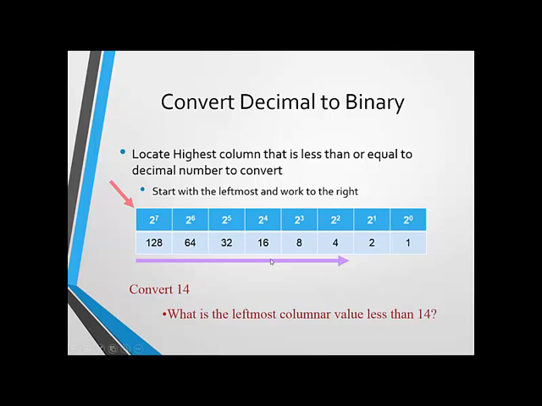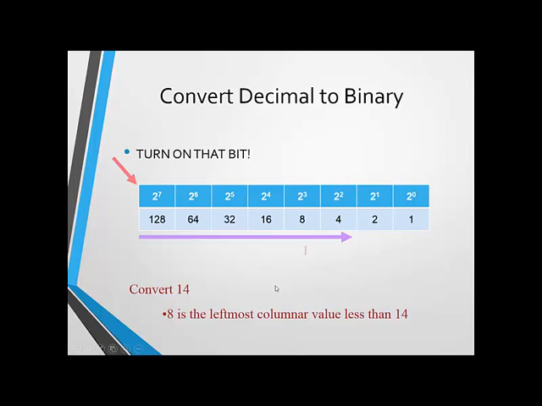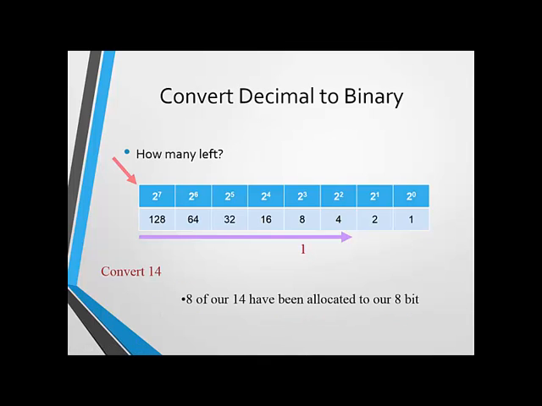Okay, how about 14? Let's start with our leftmost columnar value and work our way to the right. What is the highest columnar value that will fit into 14? 8. So I'm going to turn on my 8-bit. Now when I turn on that 8-bit, that allocates 8.